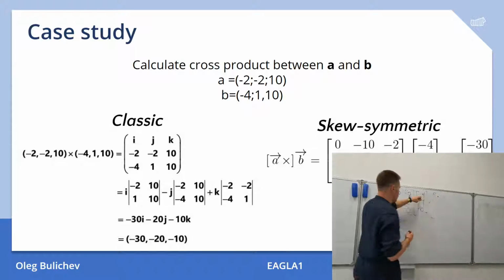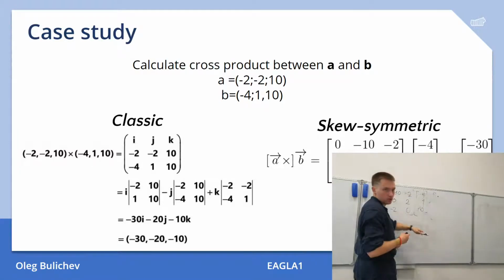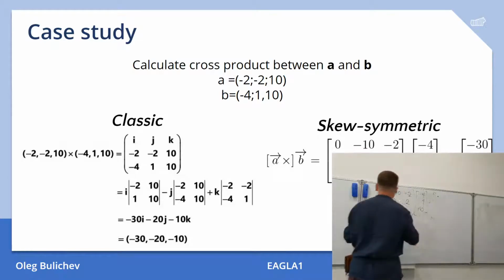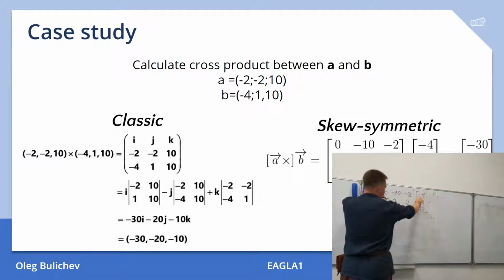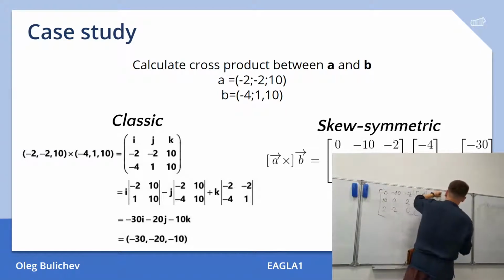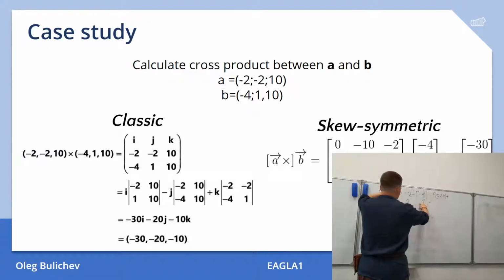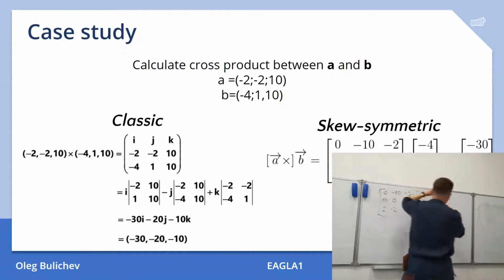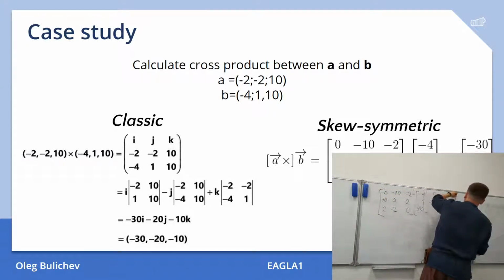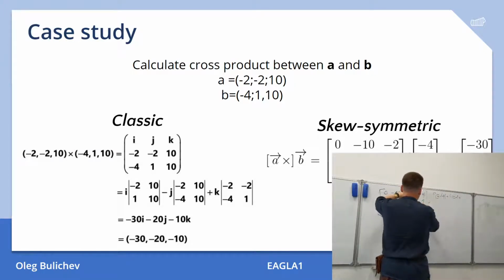Okay, we need to find the intersection between this row and this column, and do 0 multiplied by -4 plus -10 multiplied by 1 plus -2 multiplied by 10.